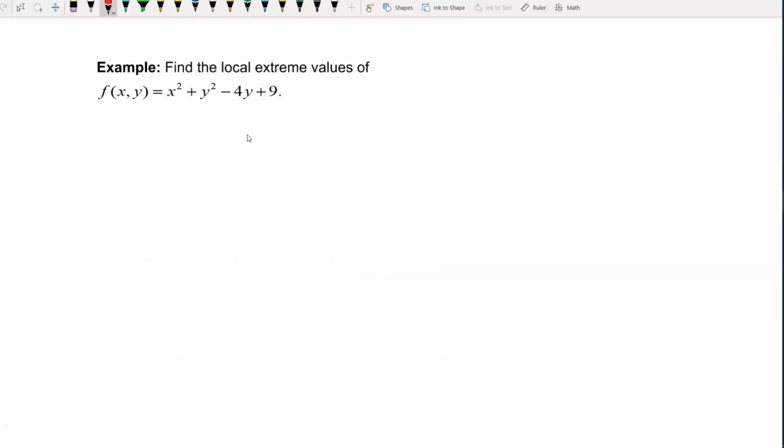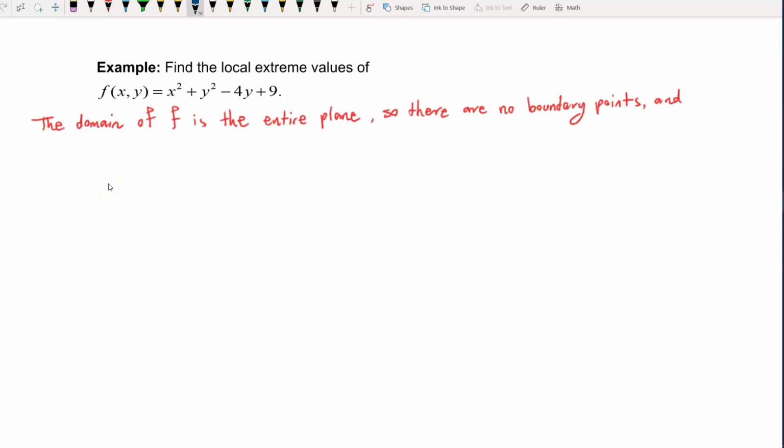Find the local extreme values of f of x, y equal to x squared plus y squared minus 4y plus 9. The domain of f is the entire plane, so there are no boundary points, and the partial derivatives of f with respect to x and y exist everywhere. So the partial derivative of f with respect to x is equal to 2x, and the partial derivative of f with respect to y is equal to 2y minus 4.